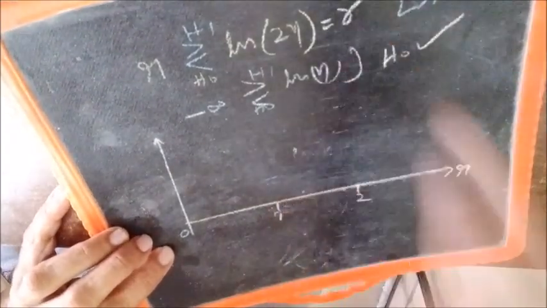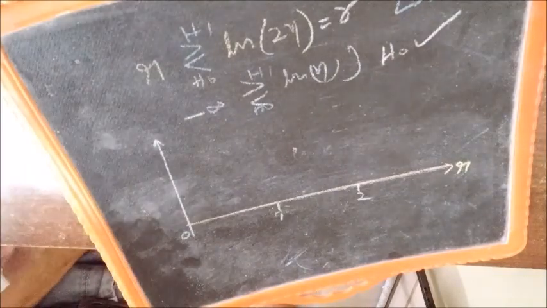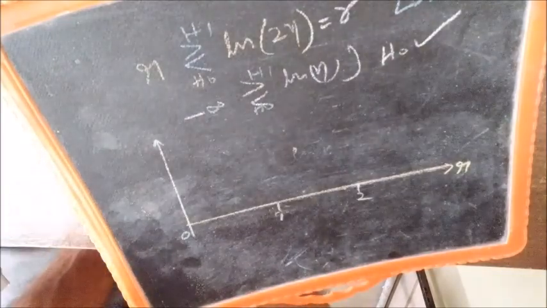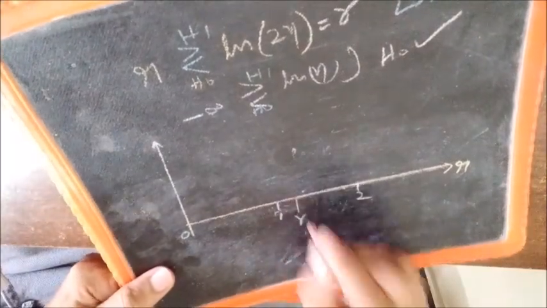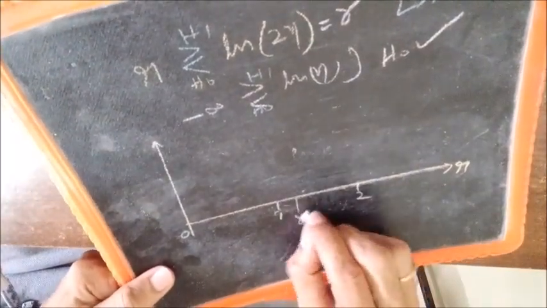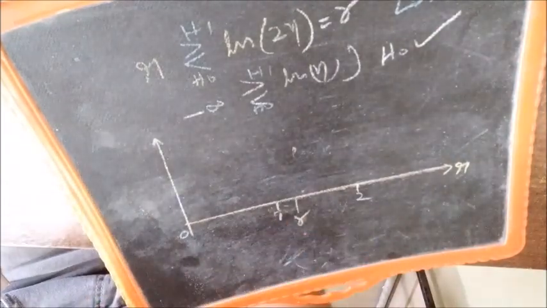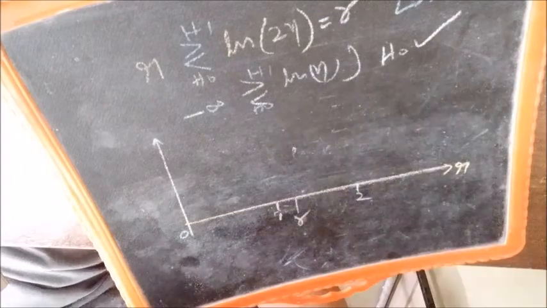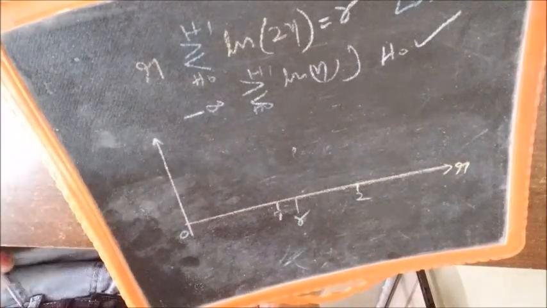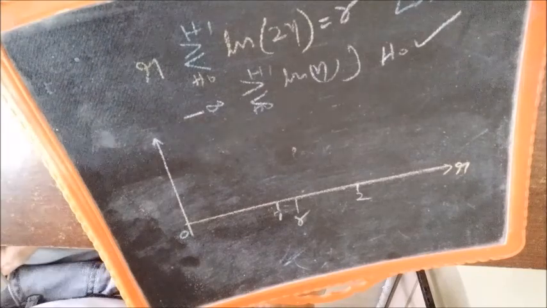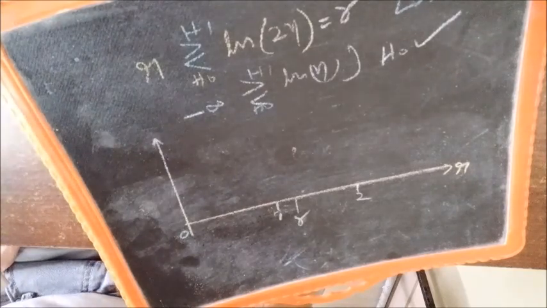And gamma is not yet known because we are not told the values with which we can find eta. So let us just say that gamma is somewhere here. That is, ln 2 eta is a number which is between 1 and 2. It is just an assumption. If we want, we can choose it between 0 and 1. It doesn't matter. As long as we don't have the exact value, we can assume it to be lying somewhere here, which is in no way going to affect our discussion.